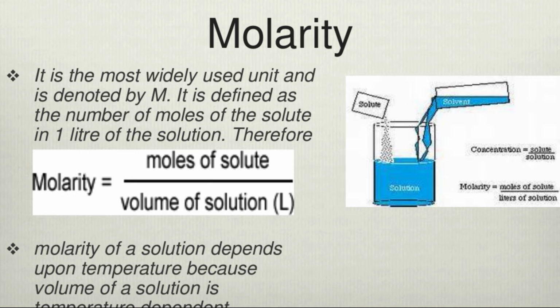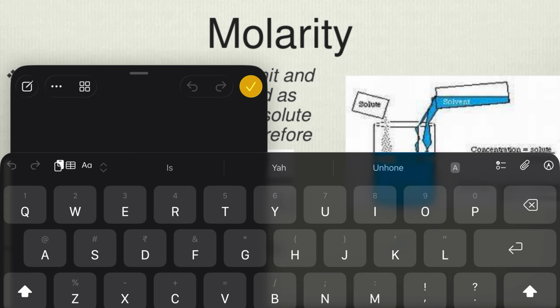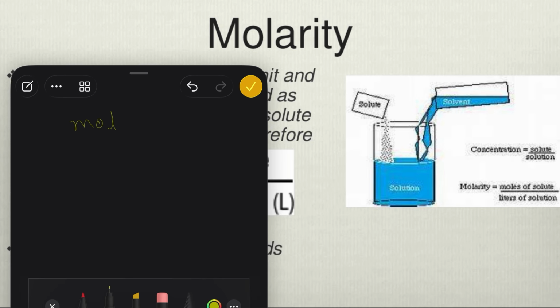Therefore, molarity is equal to moles of solute divided by volume of solution in liters. For example, 1 mole of solute in 1 liter of solution gives a molarity of 1 molar.